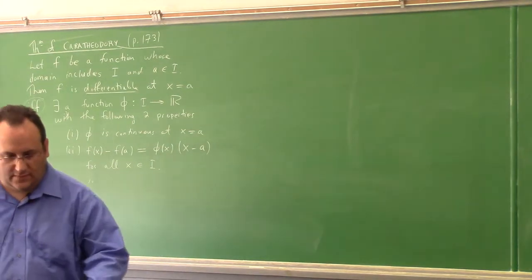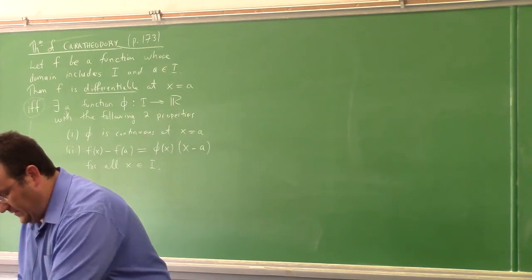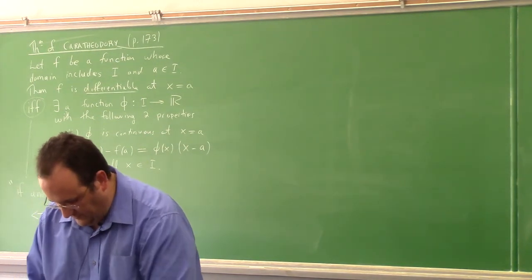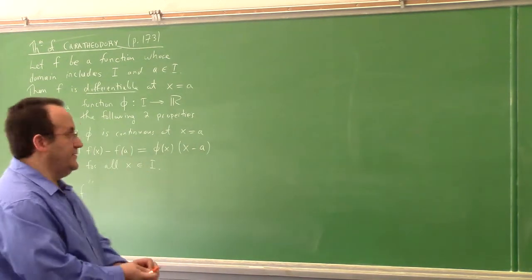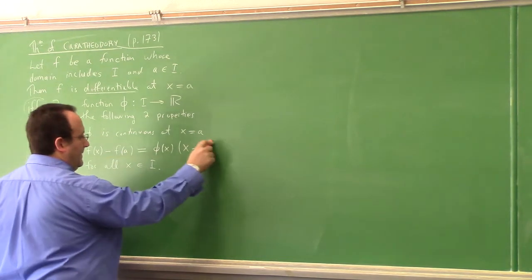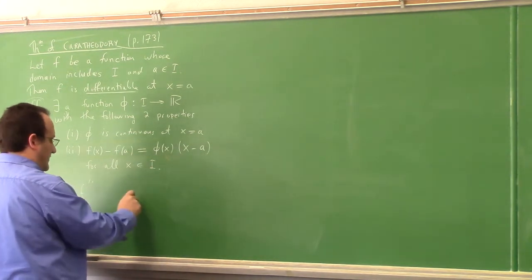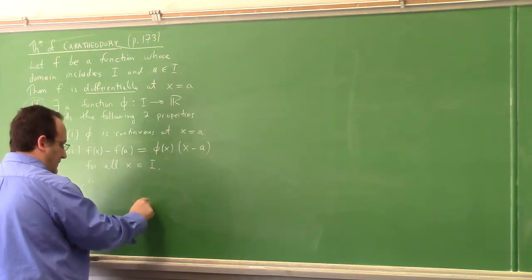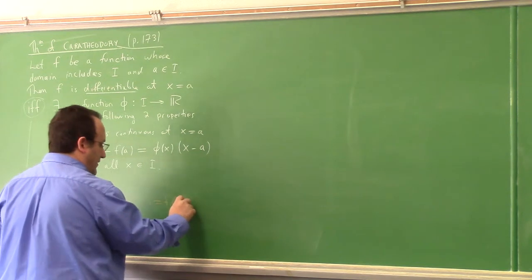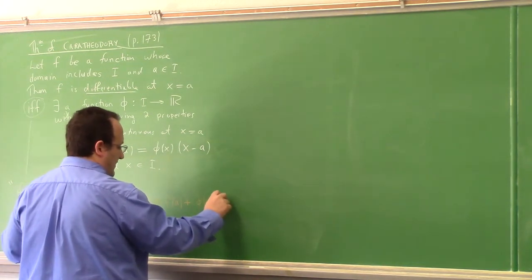So let me home in on that first equation. We could trade that for the following equation. This says that f of x is equal to f of a plus phi of x times x minus a.